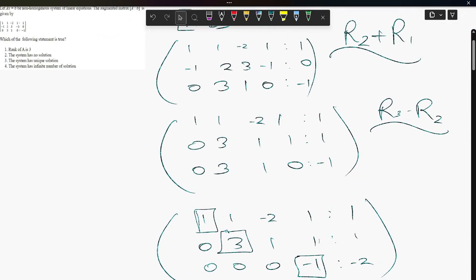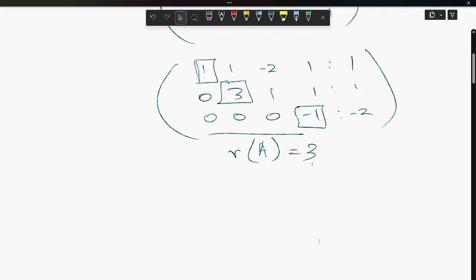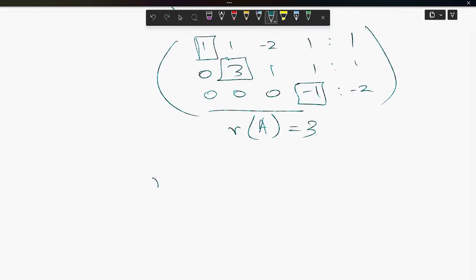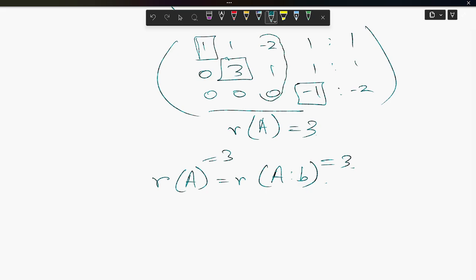So now after that we are going to see the solutions. Okay, so we can easily see that the rank of A is equal to the rank of A augmented B, because they both have rank 3. And we can see that one column is a dependent column here. So the number of variables will have an extra one beyond the independent variables, so we will have a free variable here.